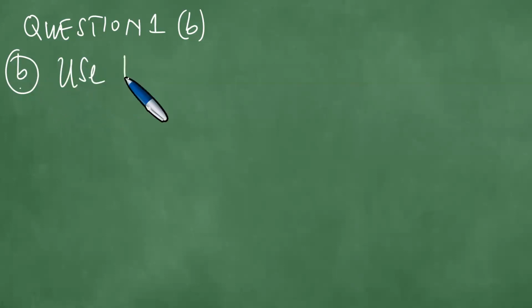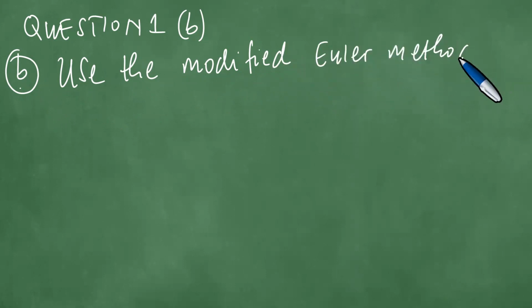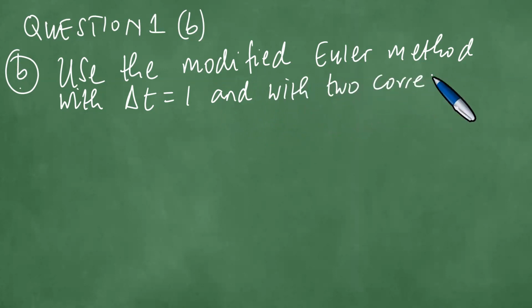Use the modified Euler method with delta t. Okay, now we are just changing the variable from x to t. And with 2 corrections. Right, two corrections.